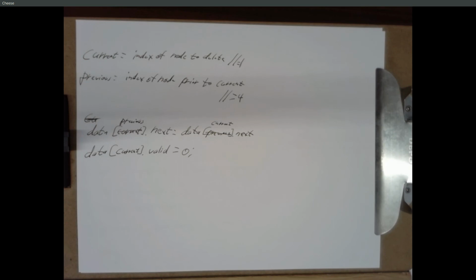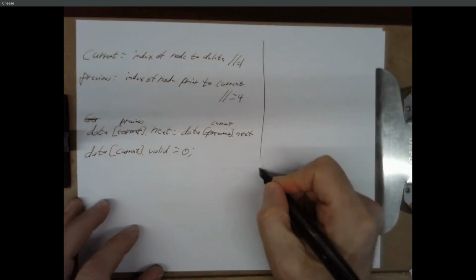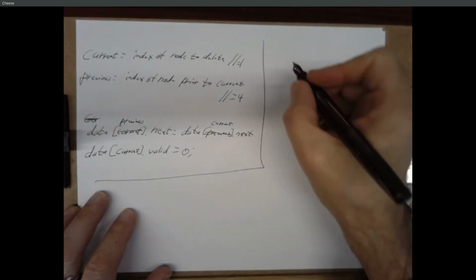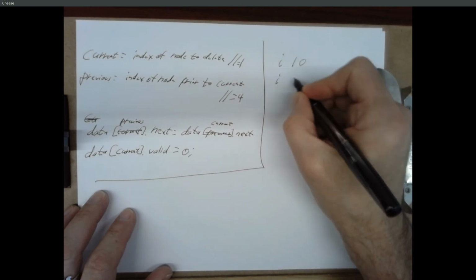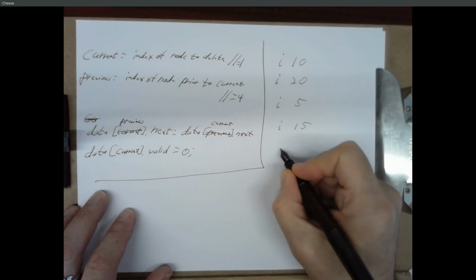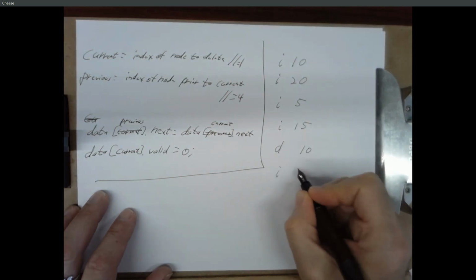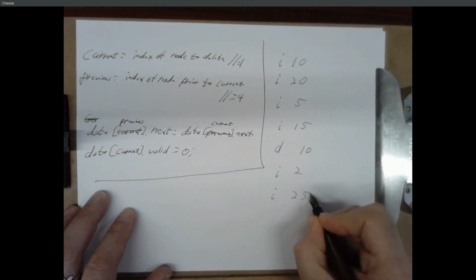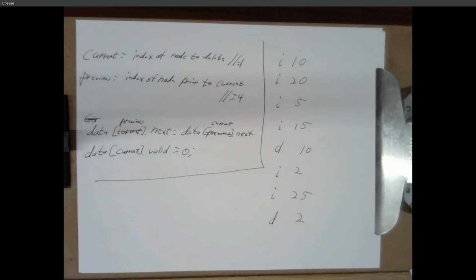And I'd like you to do what we just did, starting with an empty list, doing the following operations. So insert a 10, insert a 20, insert a 5, insert a 15, delete a 10, insert a 2, insert a 25, and delete a 2.